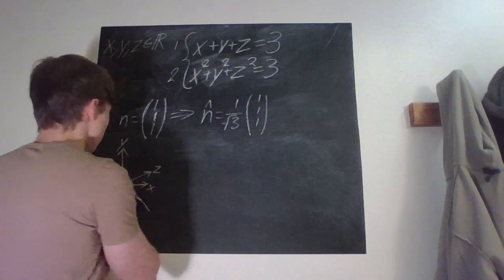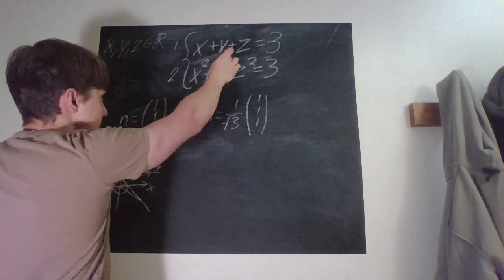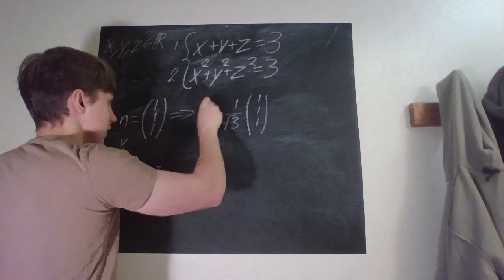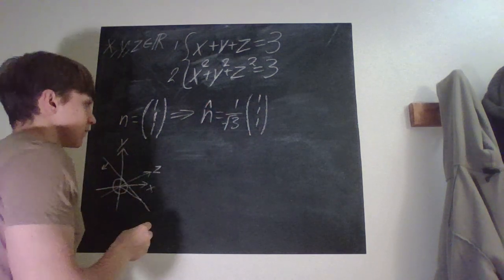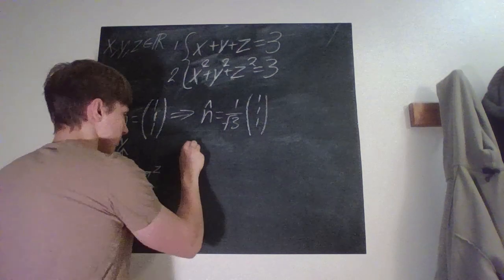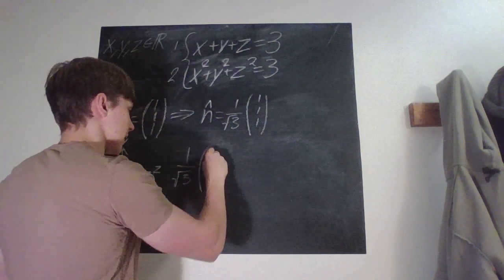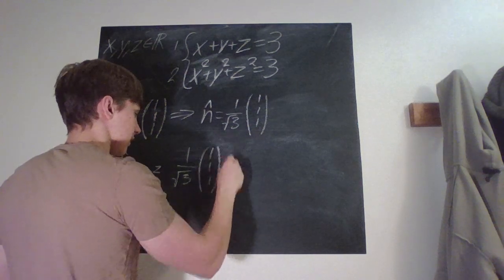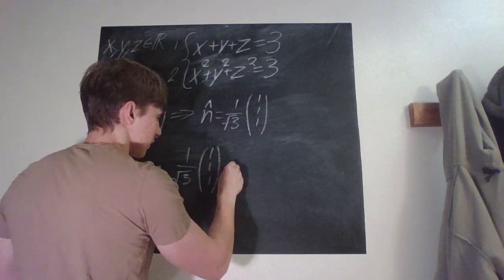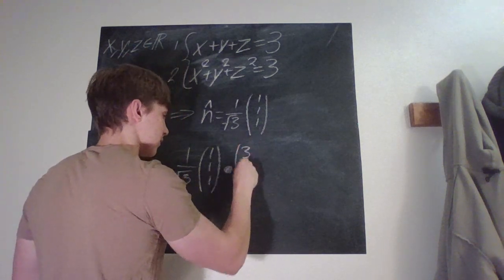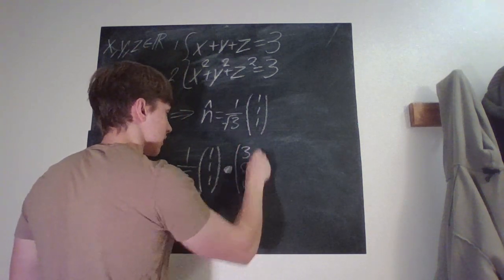So we want now 3, 0, 0 scalar product with the normalized normal vector. So we will write the normalized normal vector as 1 over the square root of 3 times 1, 1, 1, and have that scalar product or dot product with 3, 0, 0.